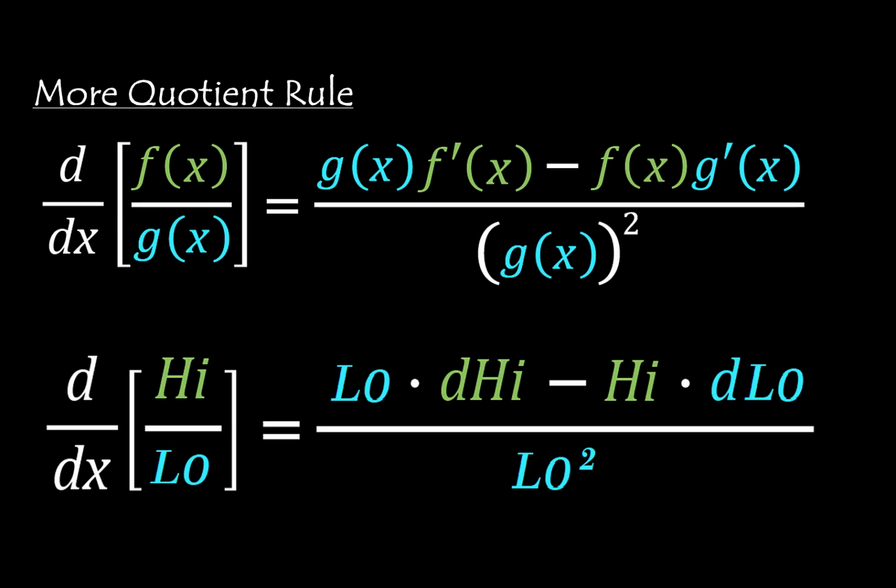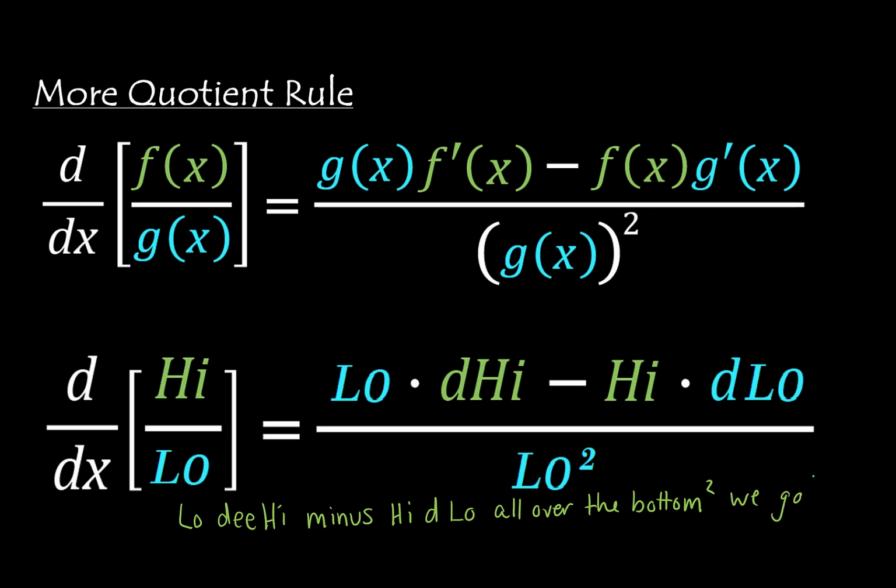And so the way that we do this is we remember this and we say low d high minus high d low all over the bottom squared we go.